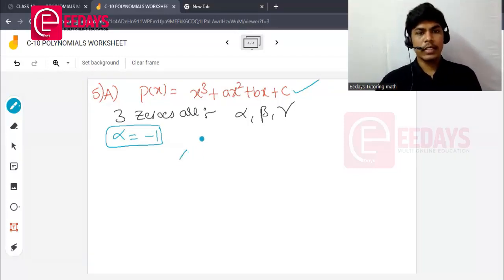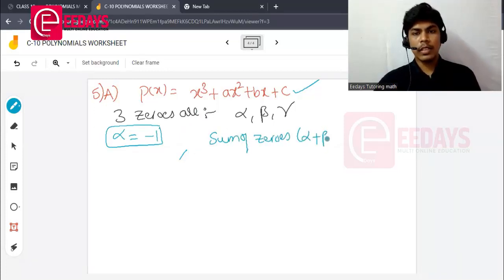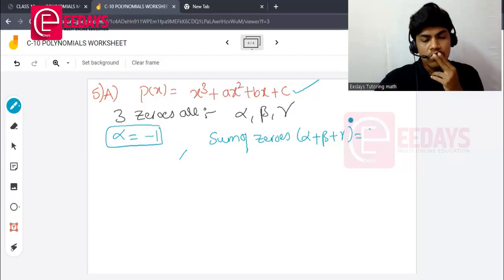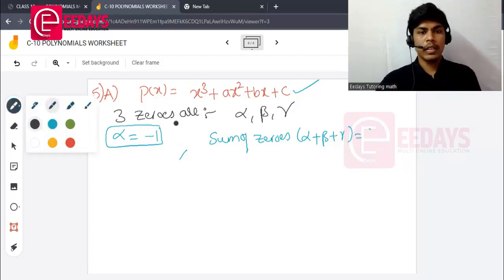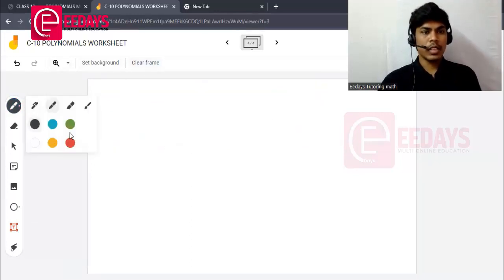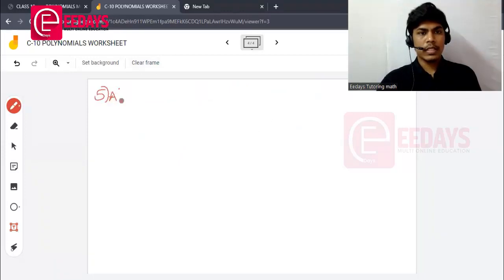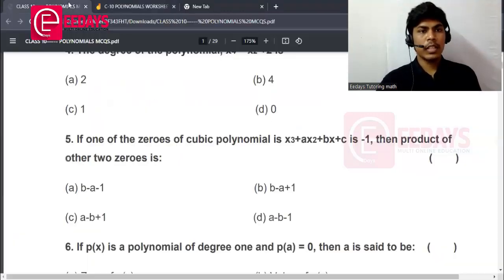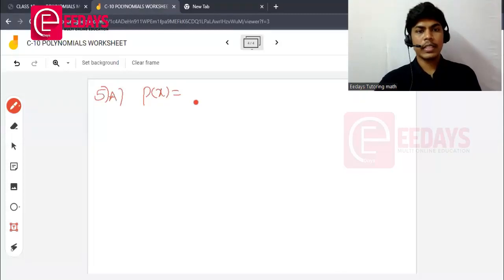All right, so let's write the sum of zeros. First of all, let's start from scratch. What is the polynomial equation they given? x cube plus ax square plus bx plus c.